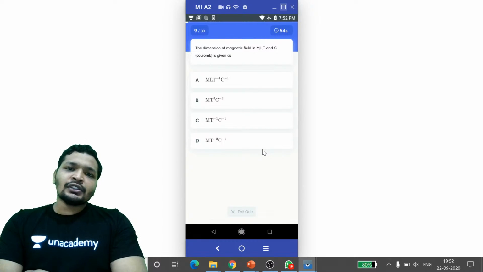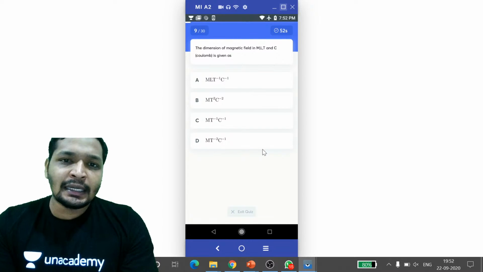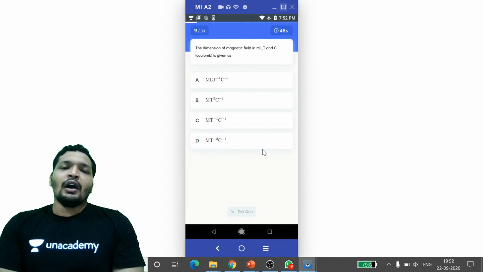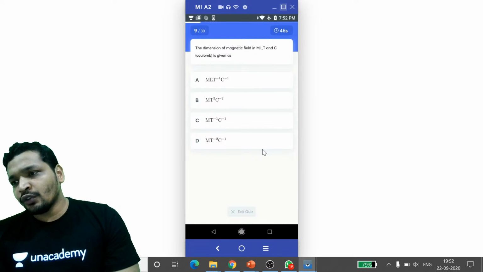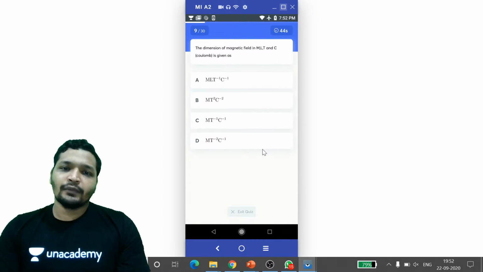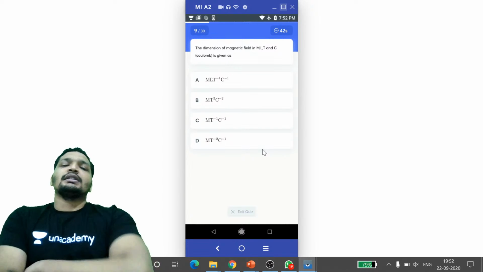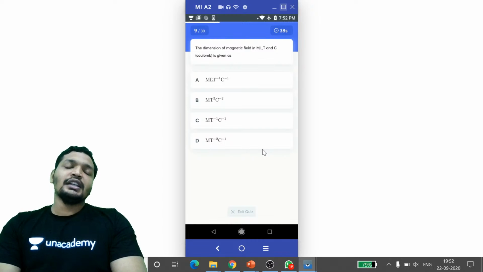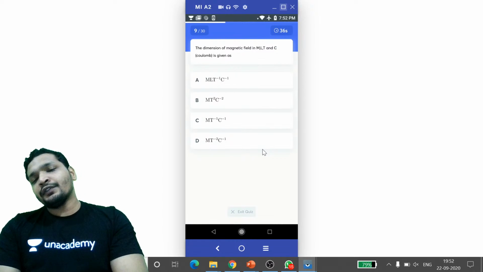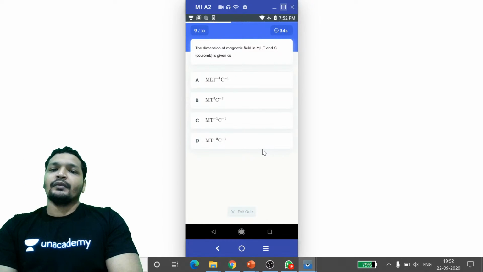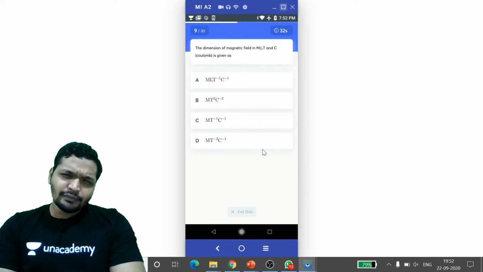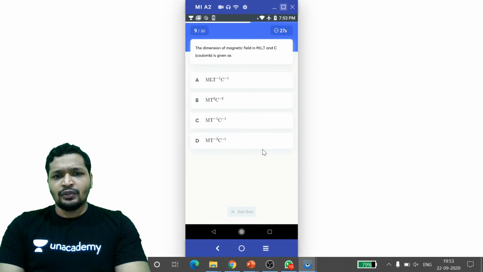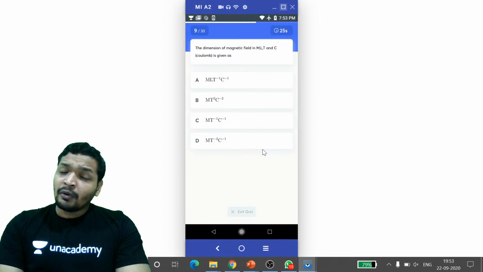The dimensions of magnetic field in MLT-C, where C is Coulomb, is given as. How do you calculate this? F is equal to Q into V cross B. Okay, that means magnetic field should be F divided by QV. You just put Q as Q. And what about V?